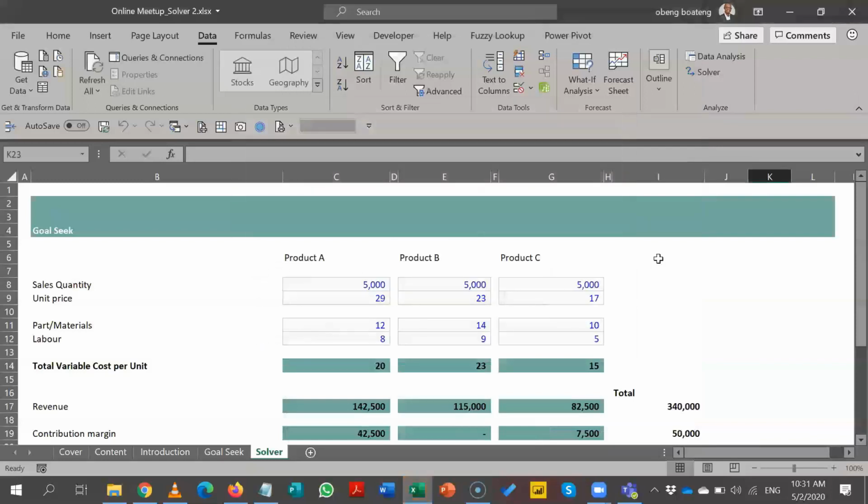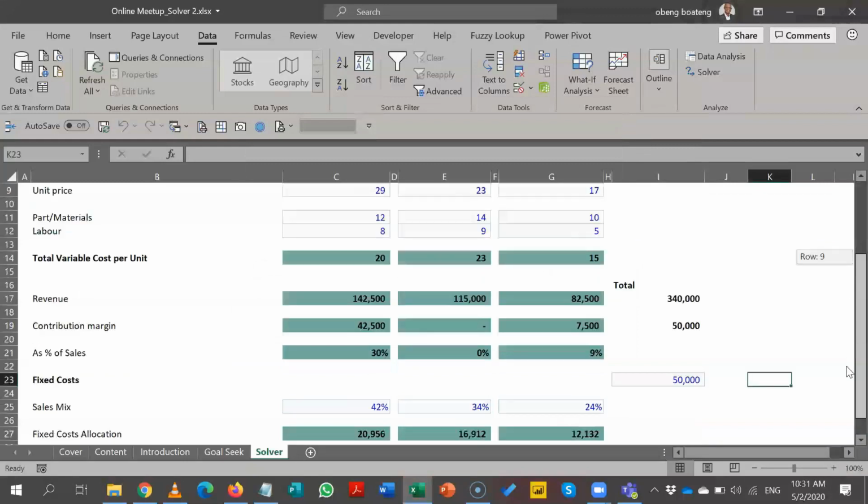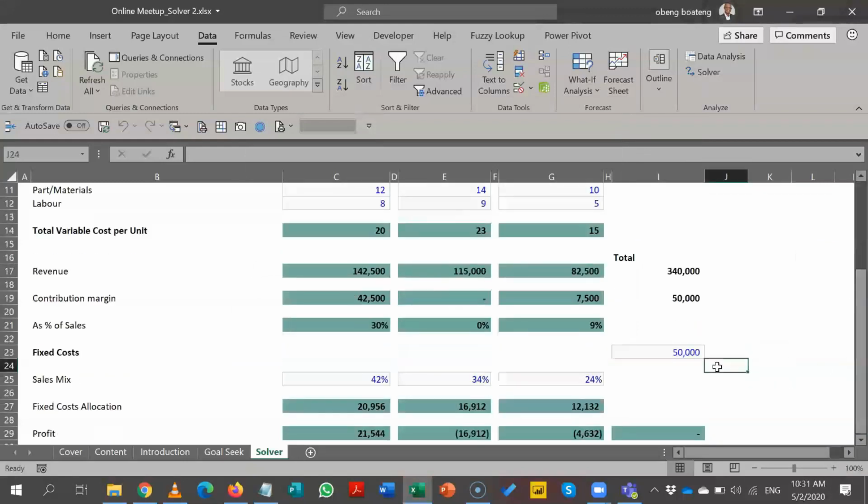Solver found a solution. Now, if you look at this closely, you realize that Solver decided to push the weight to product A, and then in the process of getting a final 0, made product B and C negative.